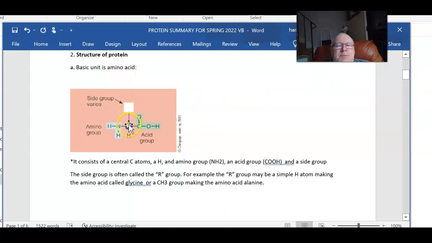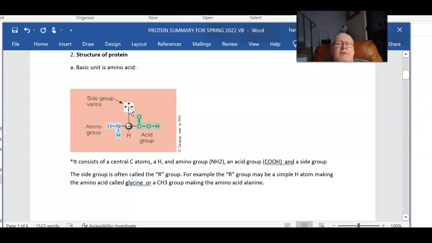And structurally, it's basically made up of a central carbon with that COOH group, C double bond O, OH, the carboxyl group or the acid group attached. There's an NH2 group attached, an amino group. Okay, so we have an amino group, NH2, a carboxylic acid group. And then we have another group here that's called a side group. Sometimes it's called an R group or a side group.